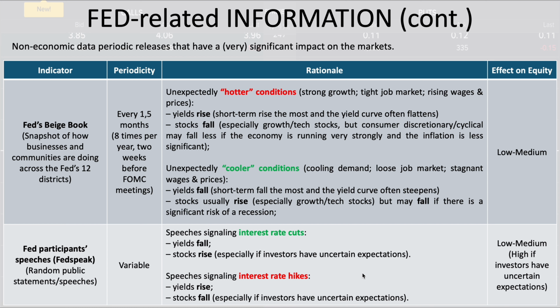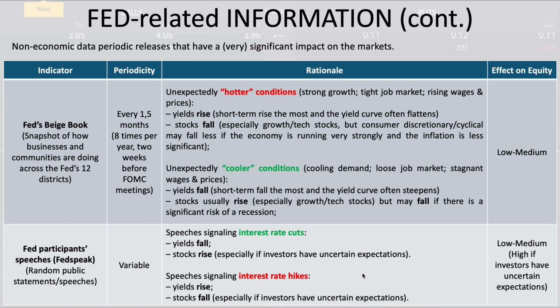Also, but not as important, the Beige Book, the Fed's Beige Book, which is basically a picture of how businesses and communities are going along across the Fed's 12 districts.